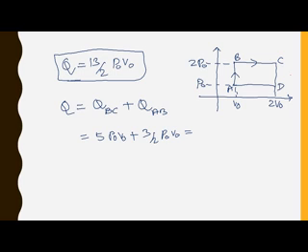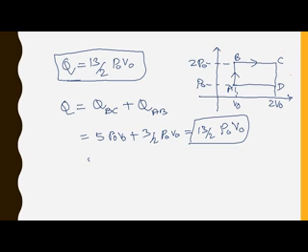For any doubt clarification, just go see the video part 1, already given in the detailed solution. Part 1 is 13 by 2 P naught V naught. Okay, this is the Q value for one cycle.